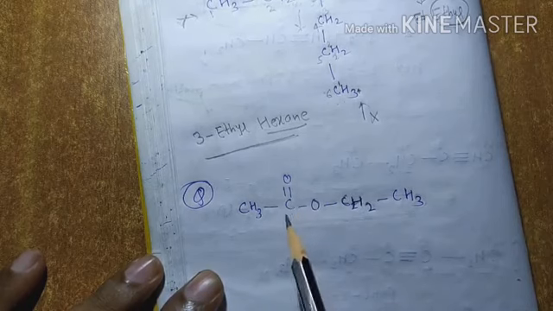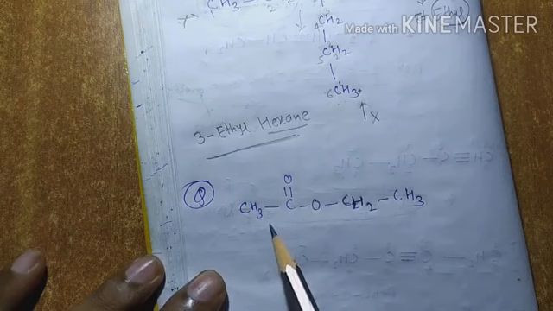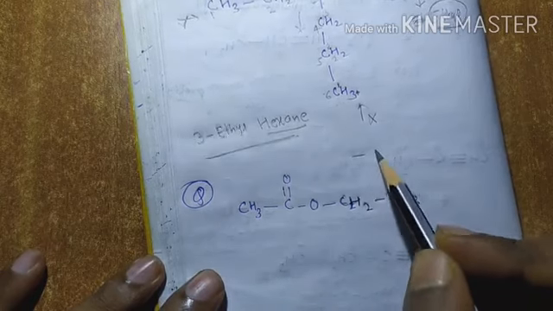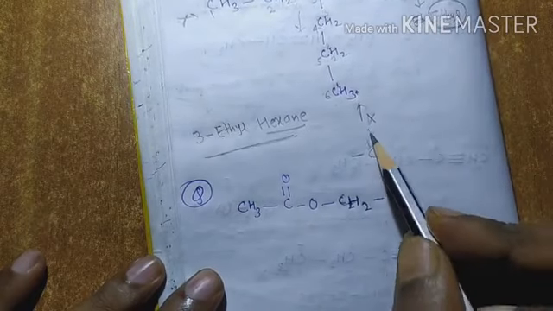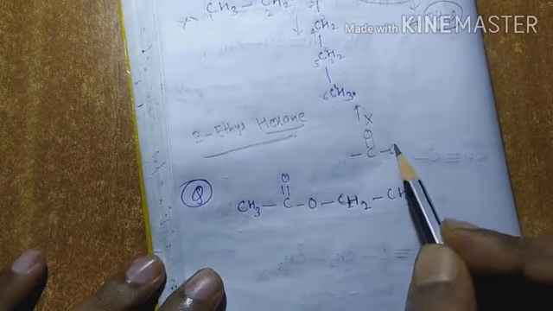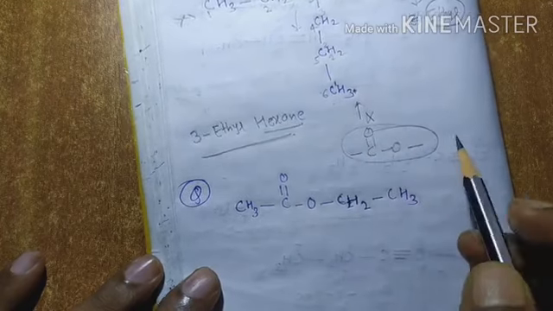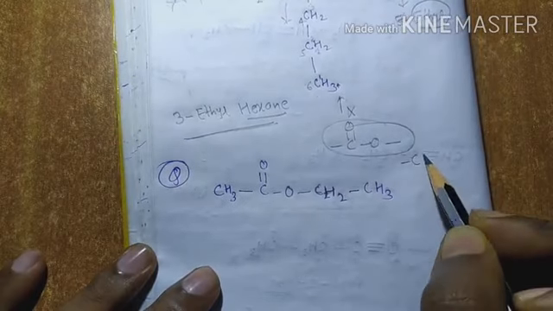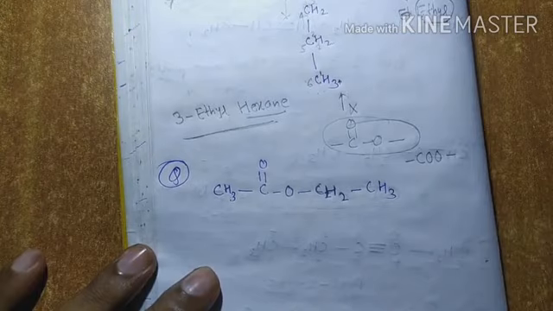So first of all you identify the functional group. Which group? This one. See, I have explained to you C double bond O and O, this one. Or simply, if you write in condensed form, then this is COO double bond. Which functional group is this?